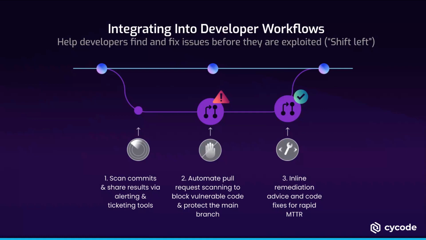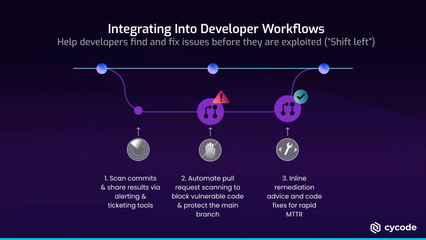As you can see in the diagram presented in this slide, the developer process starts with number one, the developer commits code. At this stage, you can scan this commit and, assuming issues were found, share the results through any alerting system that you have, like Slack, send them over email or what have you. And also, if needed, open a Jira ticket or use any other ticketing system that you use for the developer to make sure that he's aware of it and should fix it.